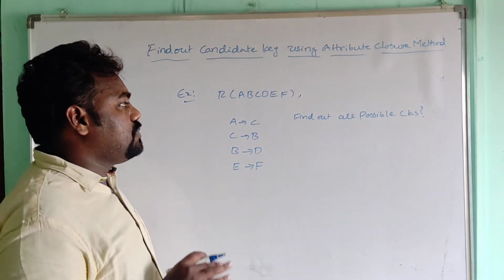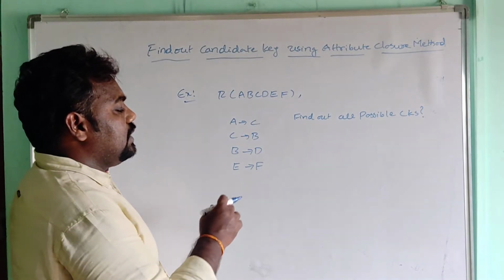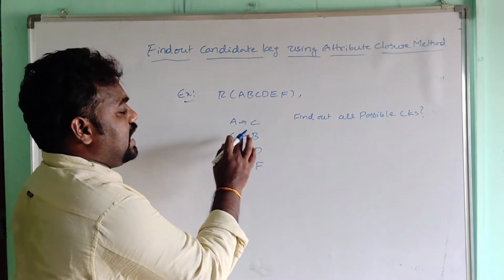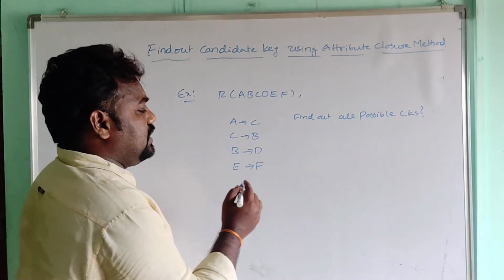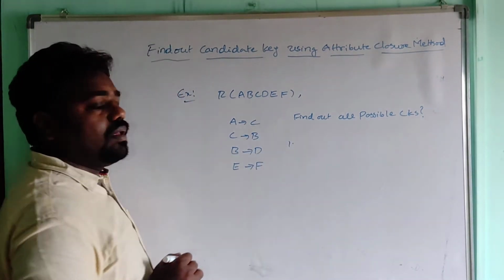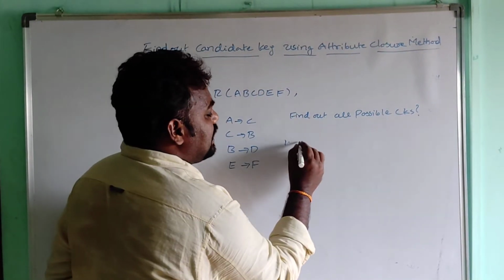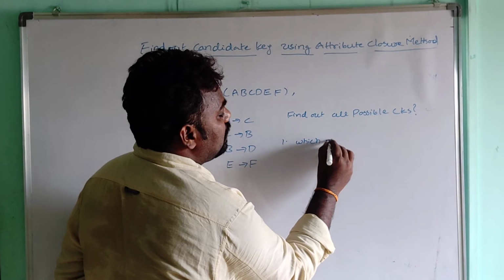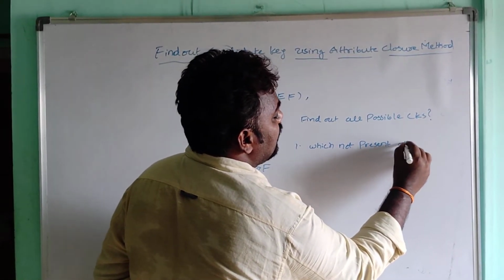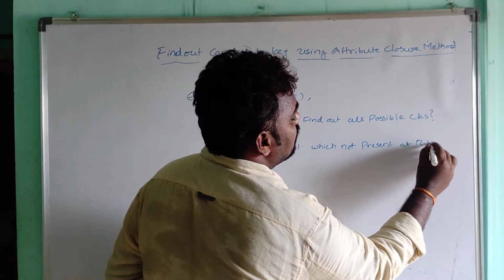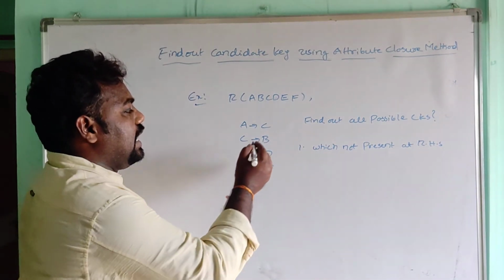First, we will observe the given set of functional dependencies: A to C, C to B, B to D, E to F. Then the first step is we need to find the elements which are not present at the RHS of the given relation.